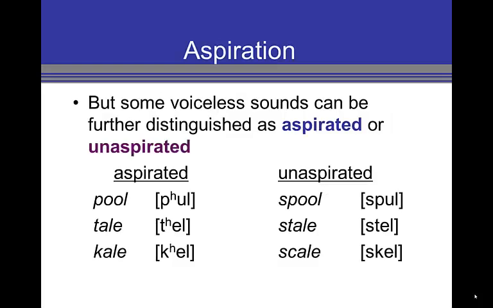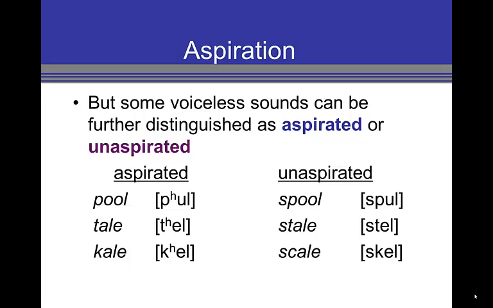A further phonetic distinction for voiceless sounds is aspiration. A consonant is considered aspirated if there is a puff of air following its release. If there's no puff of air following the release of the consonant, it is considered unaspirated. You can test this by holding your hand in front of your mouth when you pronounce the words on the slide.